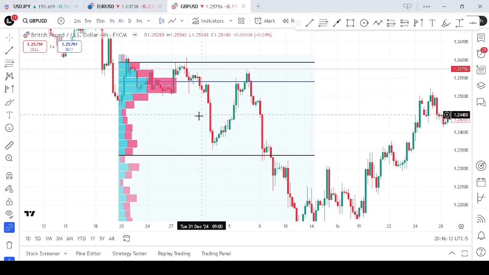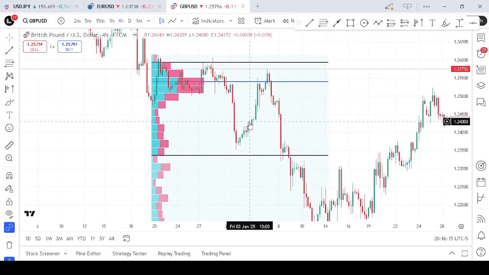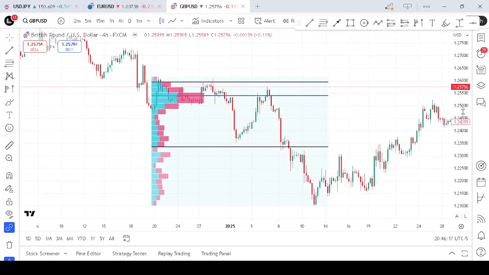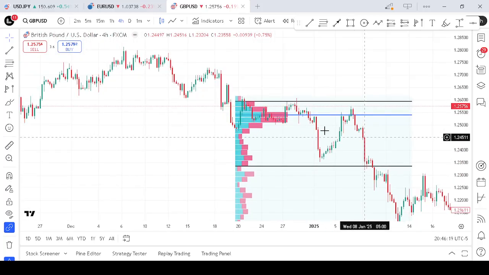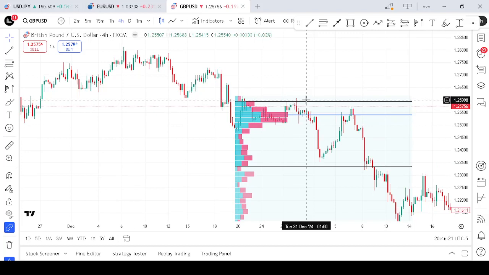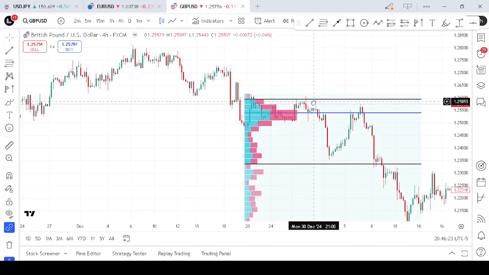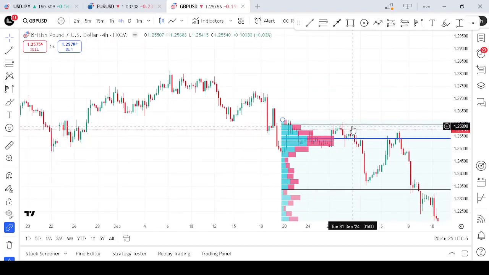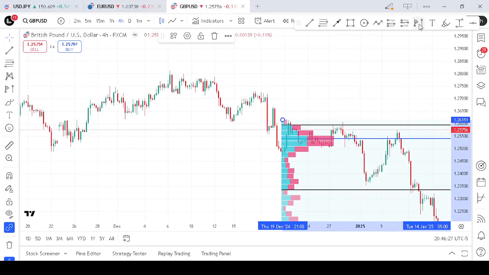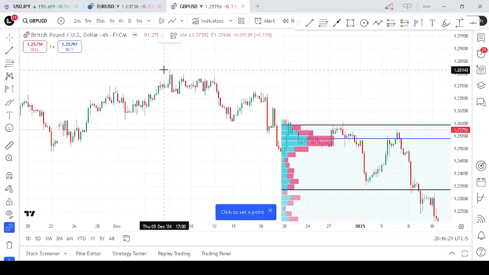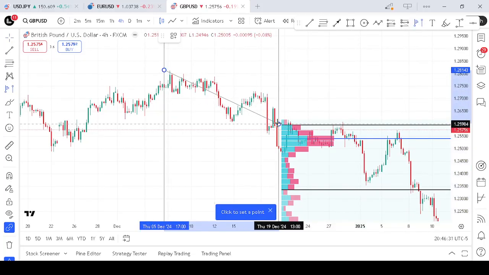In this scenario, let's look for a proper example when price bounces off the value area low. Drawing our indicator from high to the low of this chart.